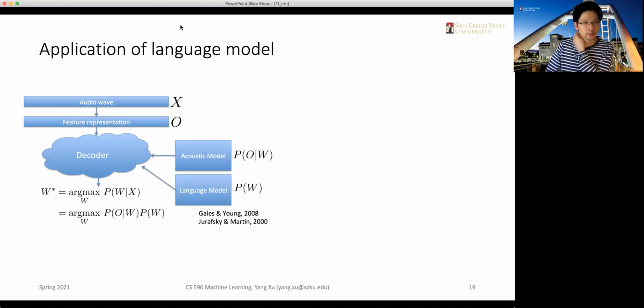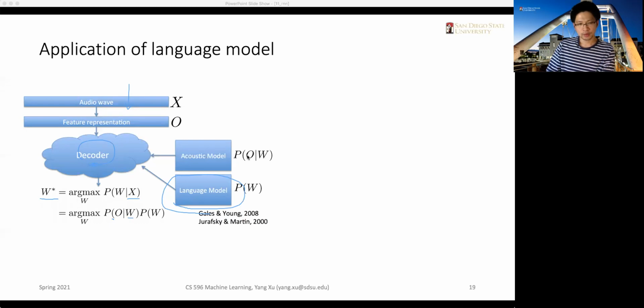Okay, so here's a system overview of where a language model can be used in the speech recognition system. We will take the raw audio wave as input, and we will convert it into some numerical representation, right? And this representation will be fed into a decoder, which will decode words out of these numerical representations, right?